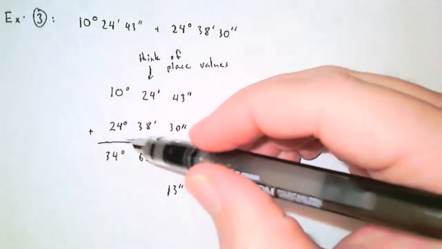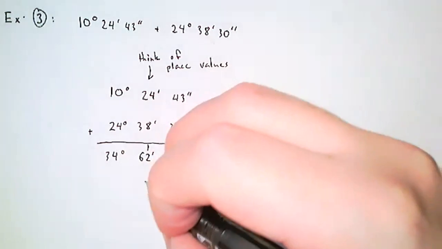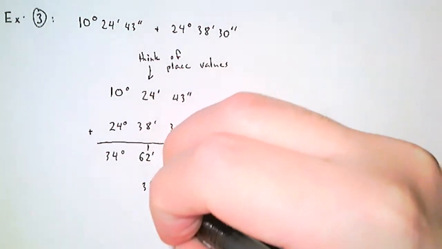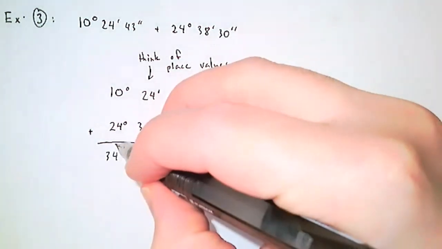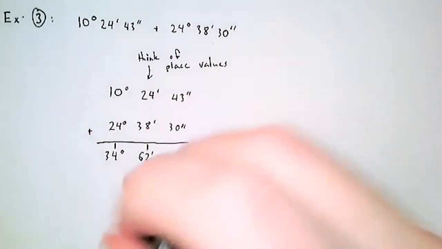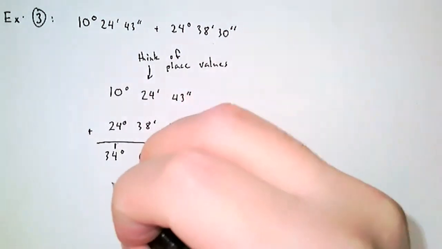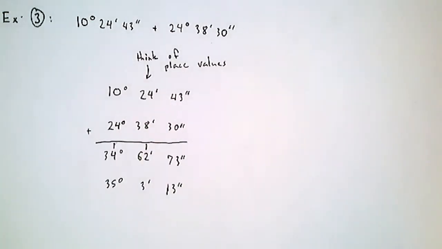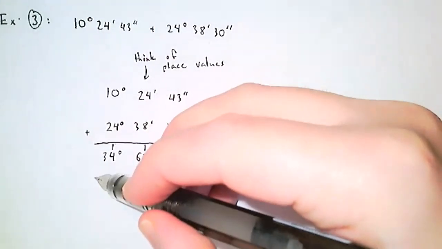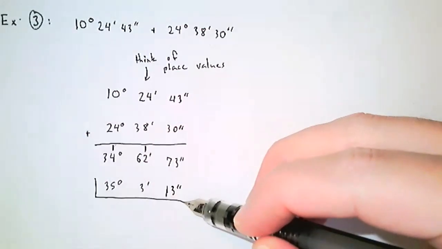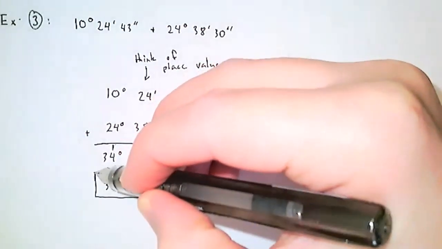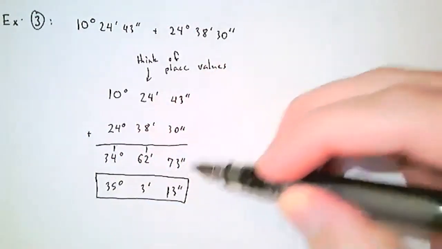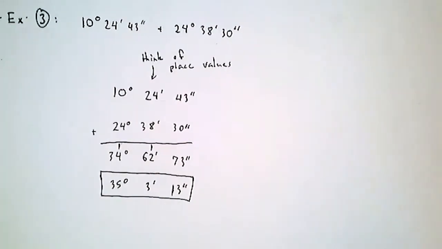So I take 60 of these, move them up here. I have 3 minutes left. And then 34 plus 1, 35 degrees. And this is where we really want to stop in a simplified form for our angle.